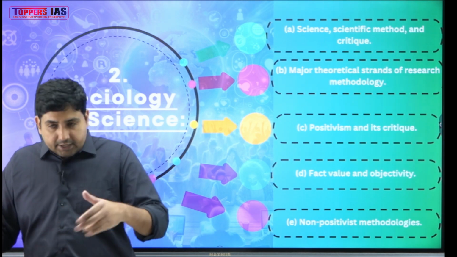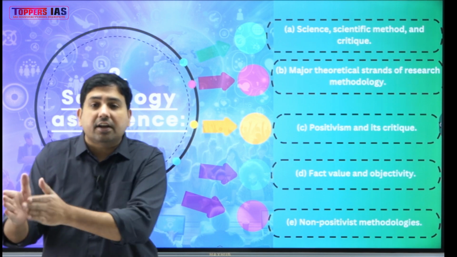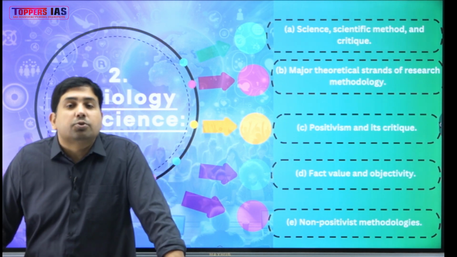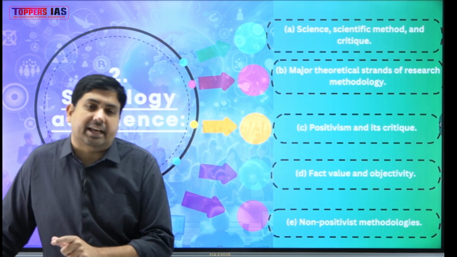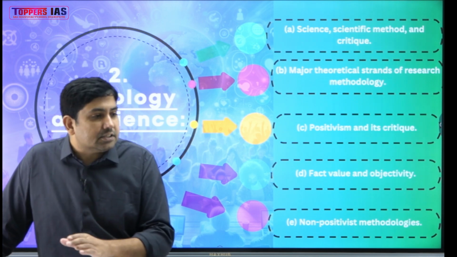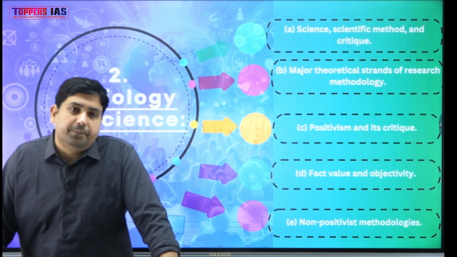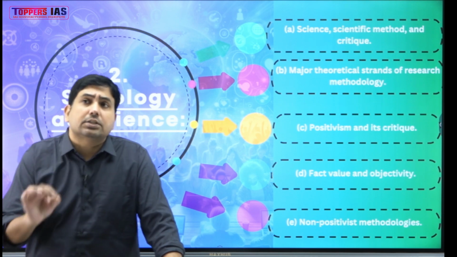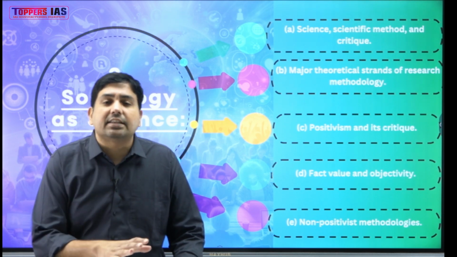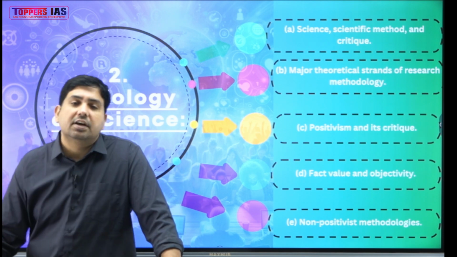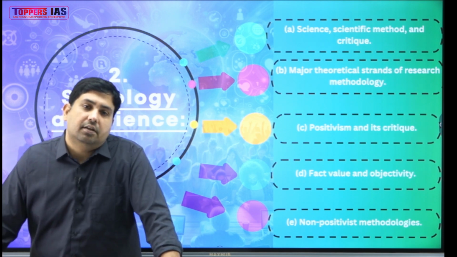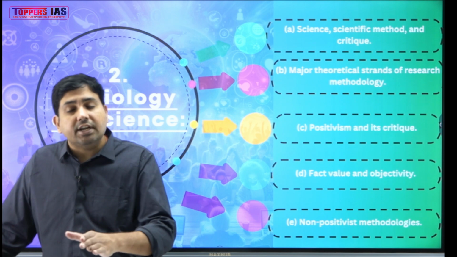Let me elaborate a little more. Critics say human behavior is too complex and highly unpredictable, that researchers' own values and biases can never be fully removed from the research process, and that society is constantly changing.